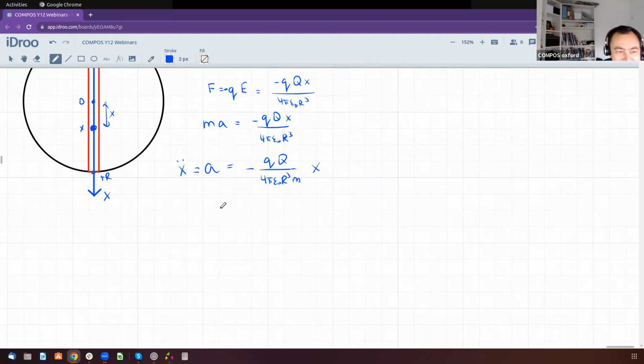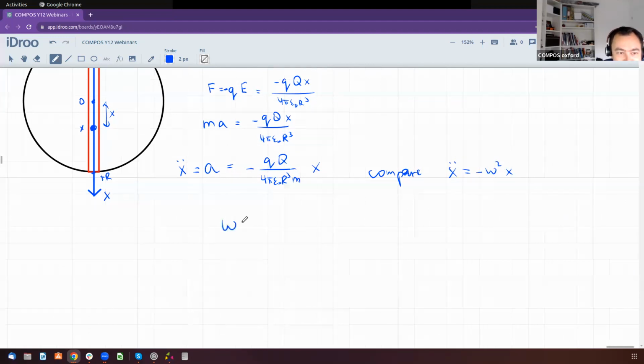So x double dot, and we compare this to x double dot equals minus omega squared x.